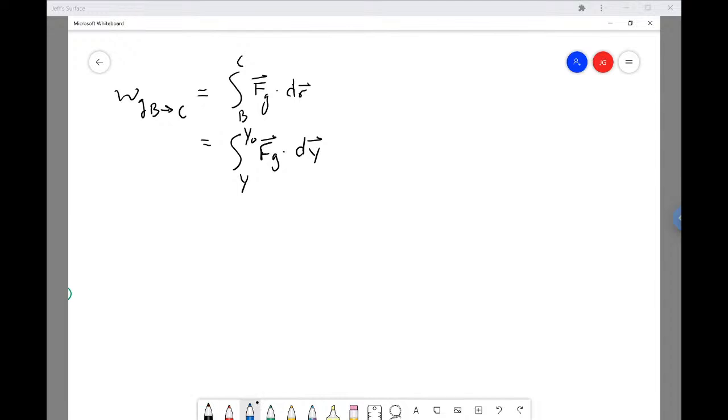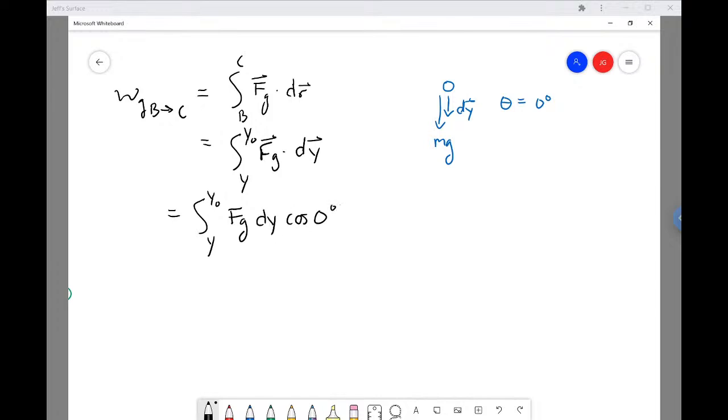And so let's look at this again. Now if the ball is falling, its displacement vector points straight down, and so does the force vector, the force of gravity. So here you have an angle between these two vectors of 0 degrees. So when you process the dot product, cosine of 0 degrees is 1.